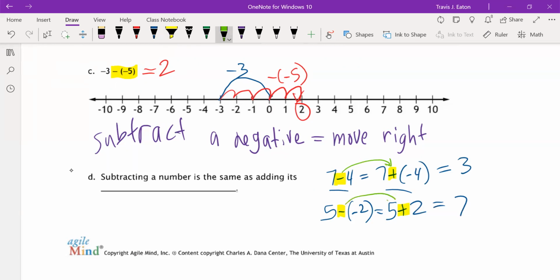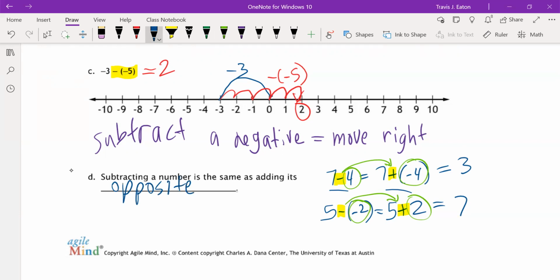But are we adding that same number? Did we keep the 4? No, that 4 became -4, which is its opposite. Did we keep this as -2? No, that -2 becomes 2. It becomes its opposite. So subtracting a number is the same thing as adding its opposite.